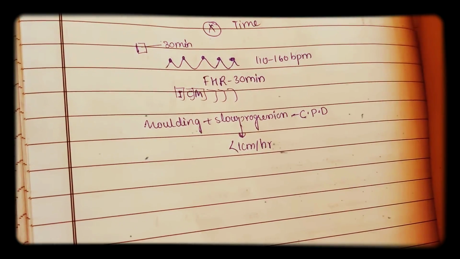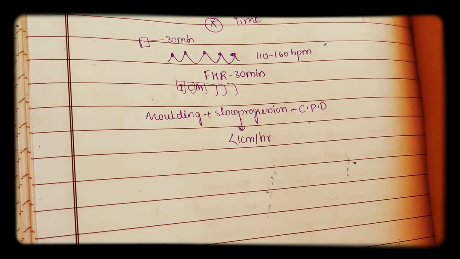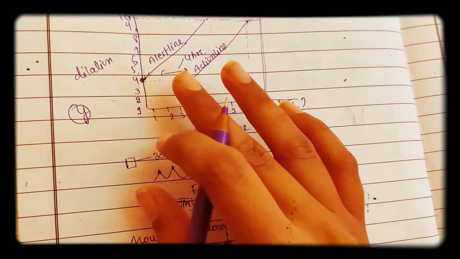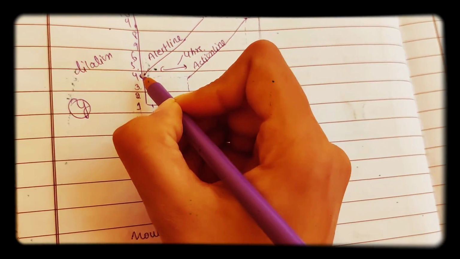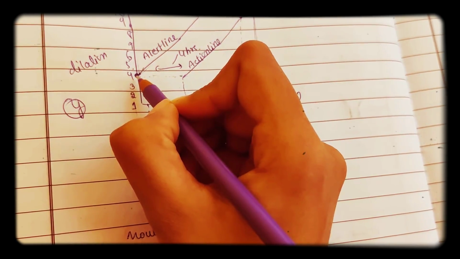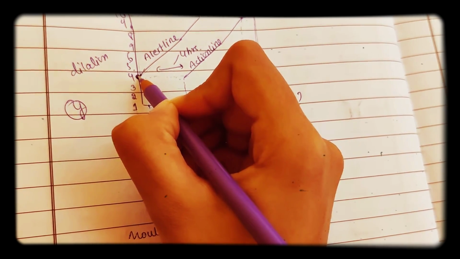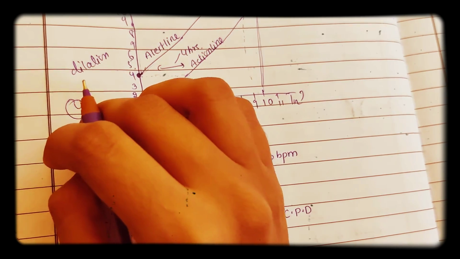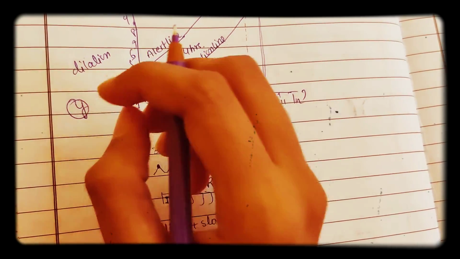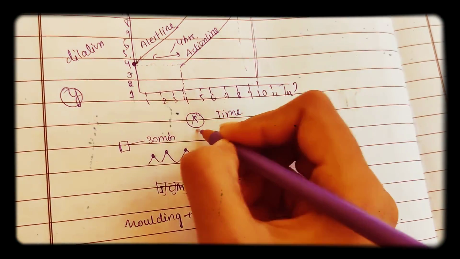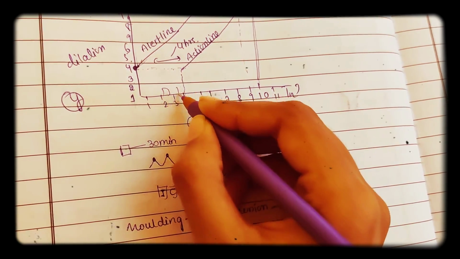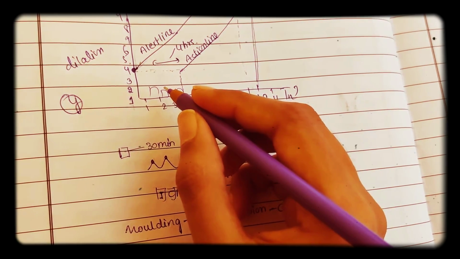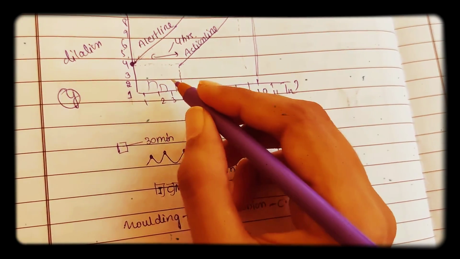Now coming to the middle part of the partograph. In the middle part, the plotting should always begin from the active phase, that is from 4 centimeters of dilation. The latent phase is not included in the middle part of the modified WHO partograph. Each square on the x-axis represents time in hours; each square corresponds to 1 hour.